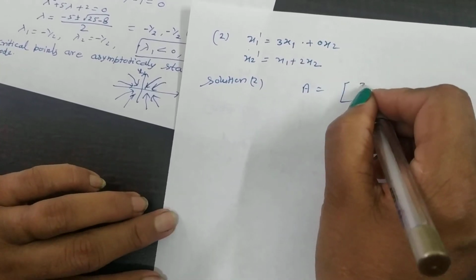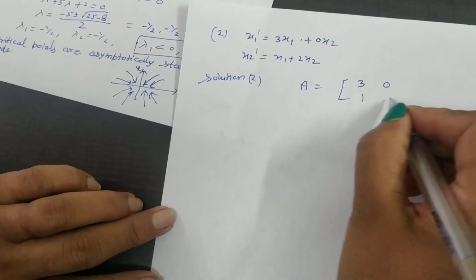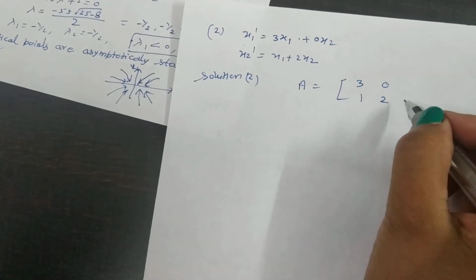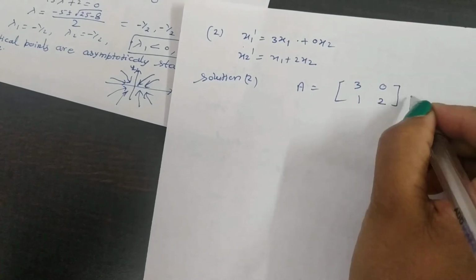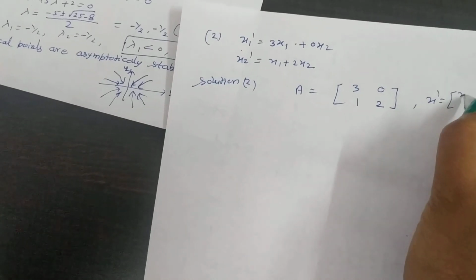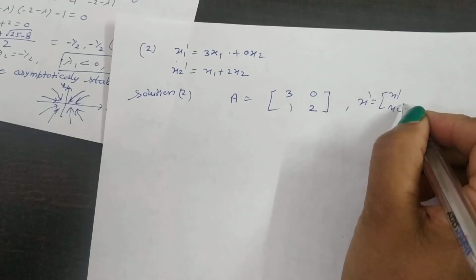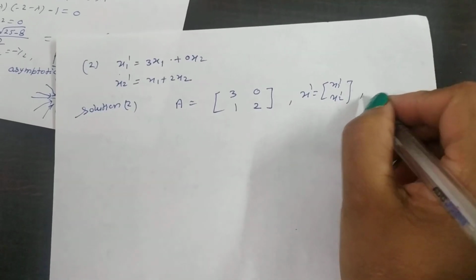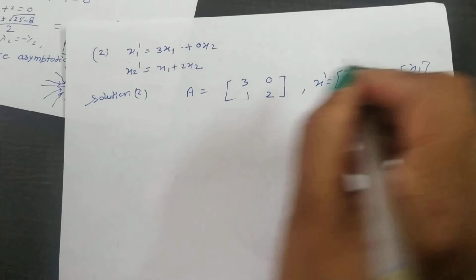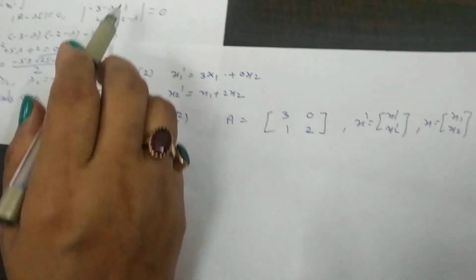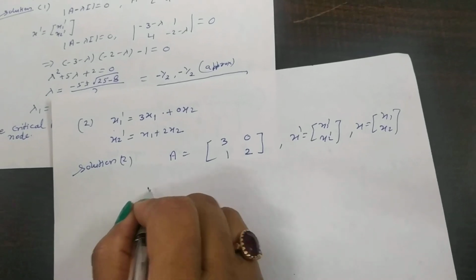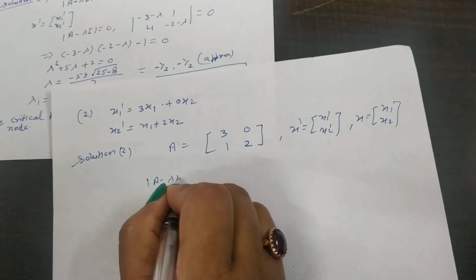So A is the matrix 3 0 1 2, and x dash is equal to x1 dash, x2 dash, and x is x1, x2. From the earlier example, the characteristic polynomial is the determinant of A minus lambda I equal to 0.